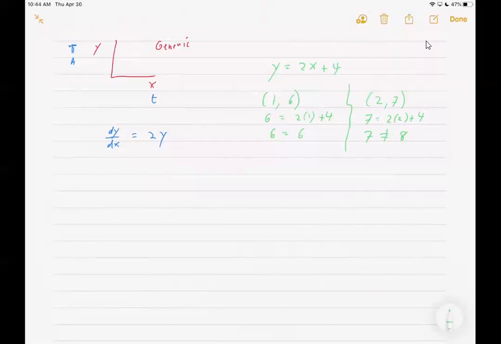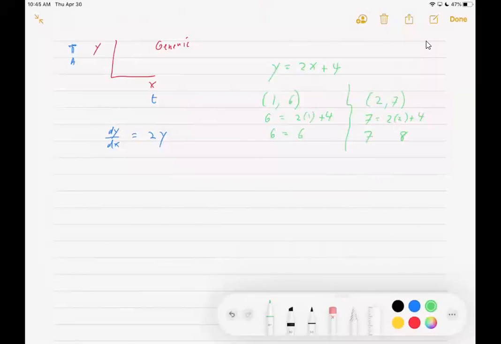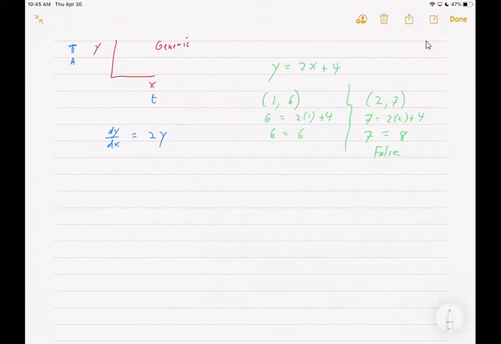So if I try to say that 7 equals 8, this leads to a patently false statement, whereas the first leads to a statement that will be true all the time. So we can say that (1, 6) is a solution to y equals 2x plus 4, but (2, 7) is not a solution to that.